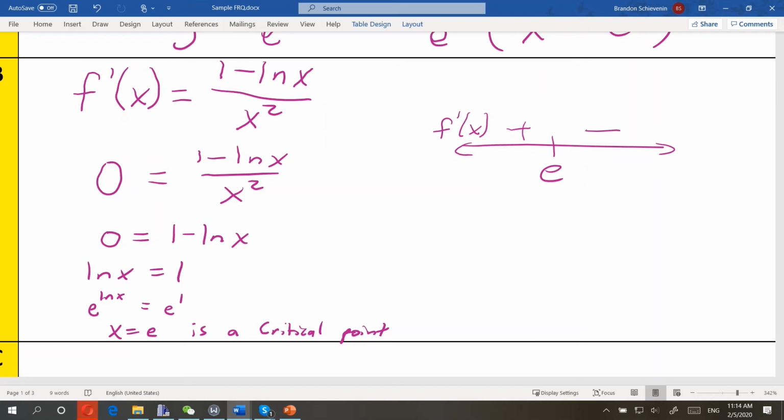So what is e? Maximum. Critical point. You're both right. E is a critical point, and more specifically, E is a relative maximum. So x equals e is a relative maximum.